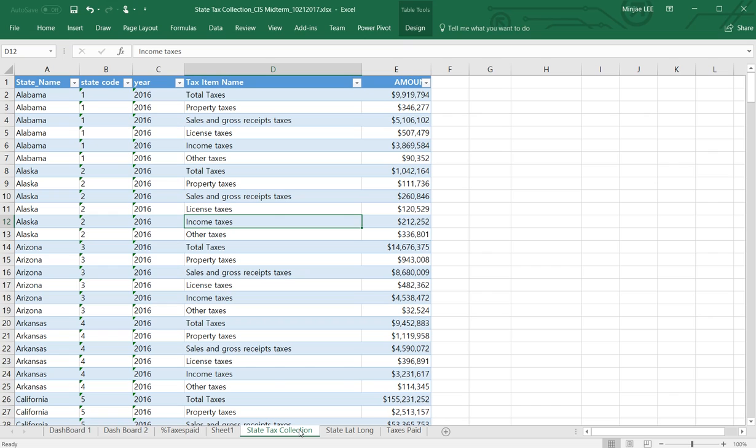But it was too complicated, so maybe at the final or next year, I wish I can visualize more complicated data for taxes. Thank you.